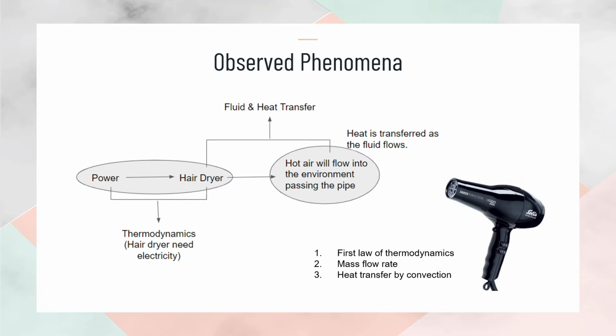The phenomenon from the electrical power to the hairdryer is a thermodynamics phenomenon that we can analyze by utilizing the first law of thermodynamics, and the hairdryer blowing hot air that flows into the environment through the pipe is the phenomenon of fluid and heat transfer. In this phenomenon, we can observe the mass flow rate and the heat transfer by convection.